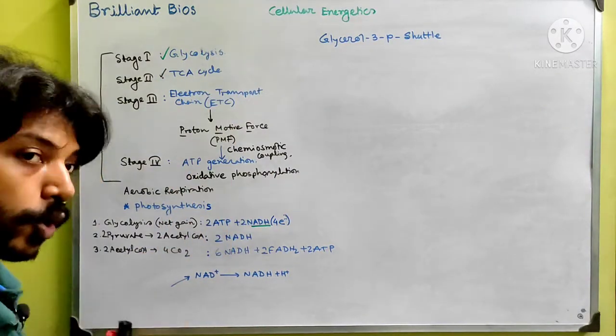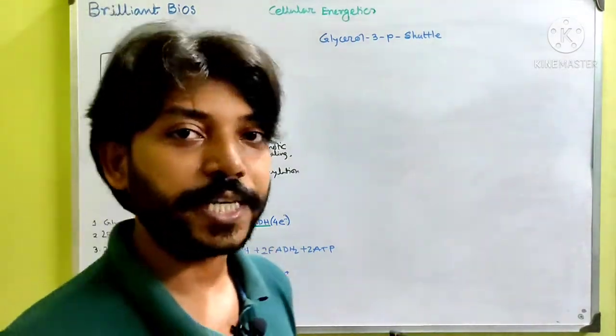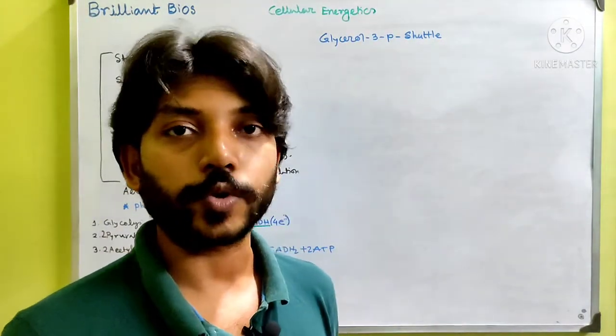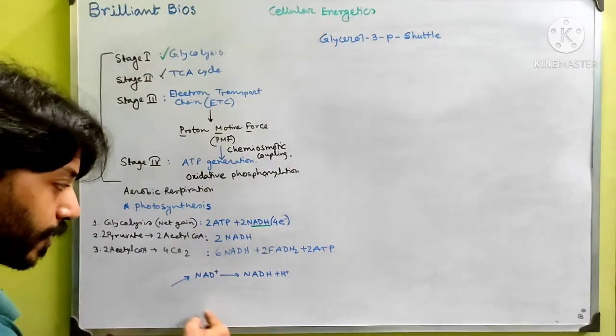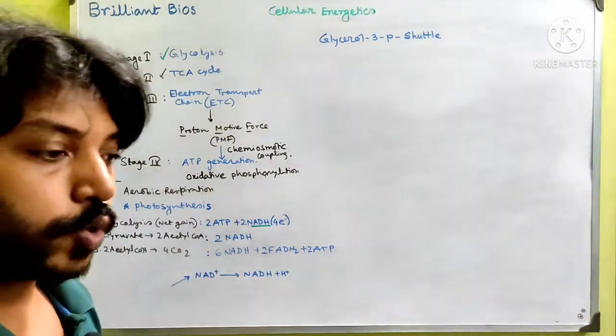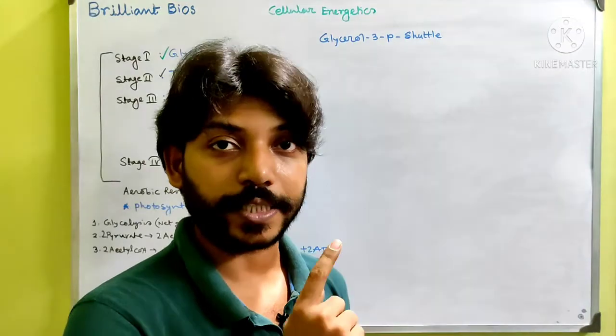But as we all know, the cytoplasm has a limited amount of NAD plus, so this NAD plus should be regenerated by oxidation of NADH. So this is the first reason for this shuttle.